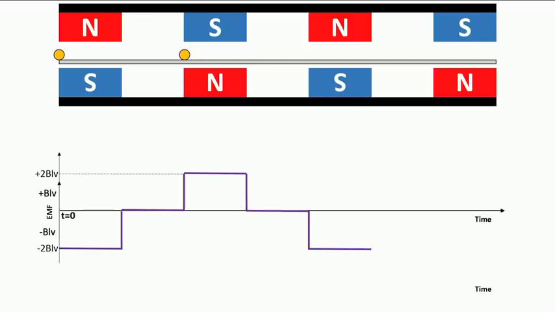So, the interesting point is that it starts with a single conductor. Now, these two conductors, if connected at the back, form a coil.